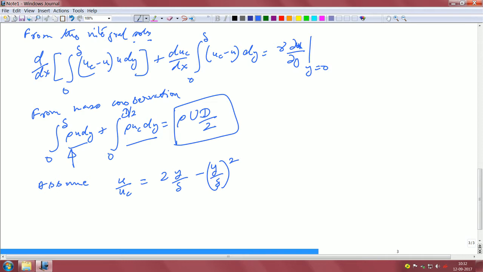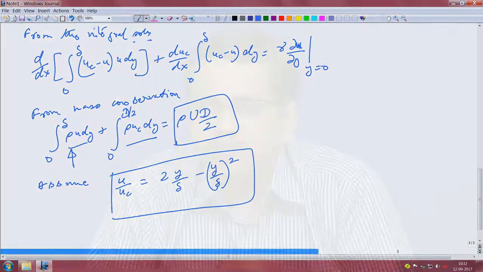You can assume a polynomial profile and then evolve it through the boundary conditions, because that is not the intention. The intention is just to give you an idea of how this is to be done. So, very similar to the velocity boundary layer over a flat plate, you can constitute a similar polynomial profile for u by uc in the entrance length, that means in the developing part of the whole thing. That you can easily do.